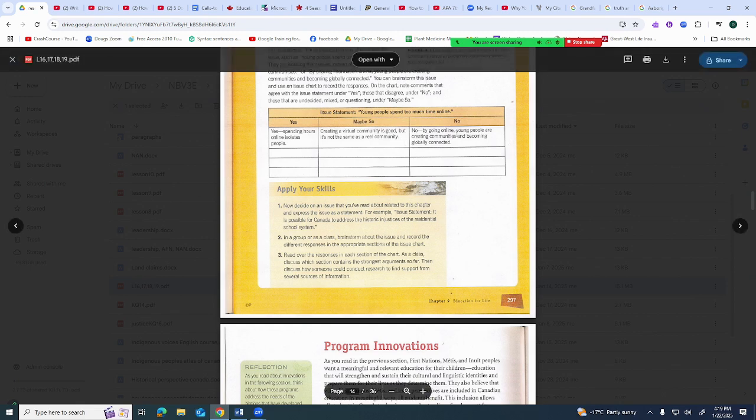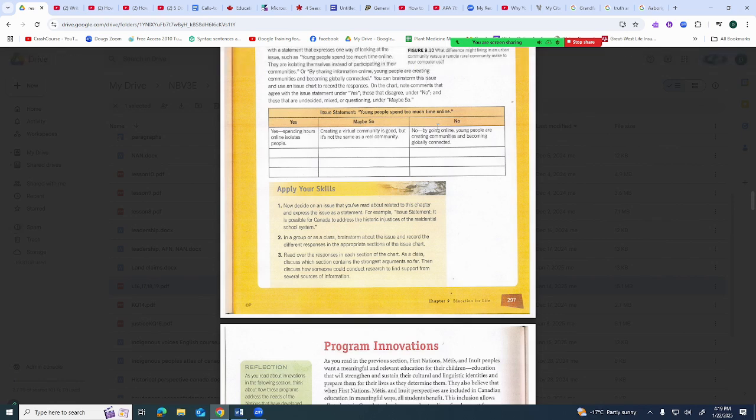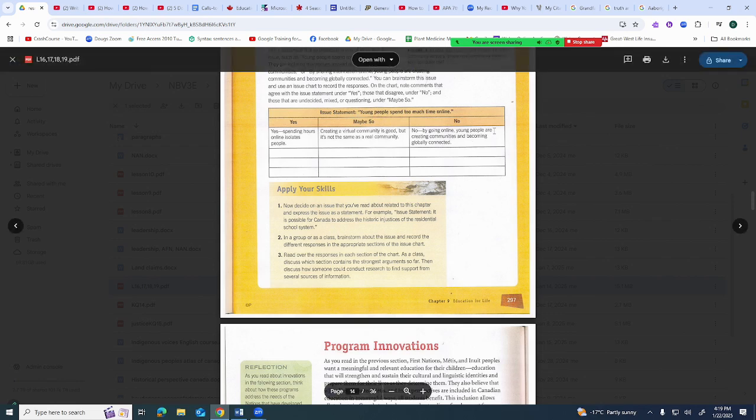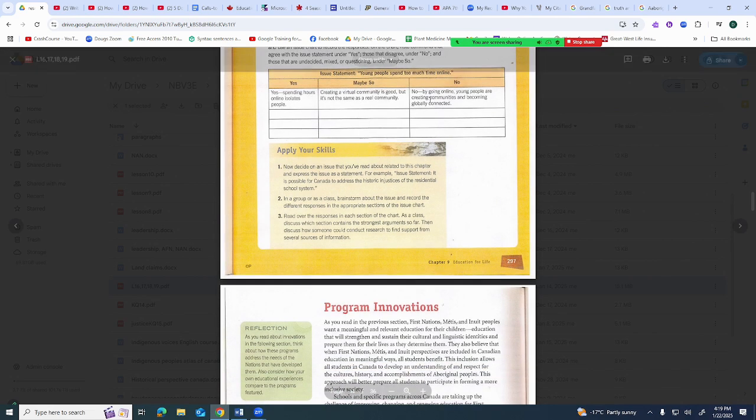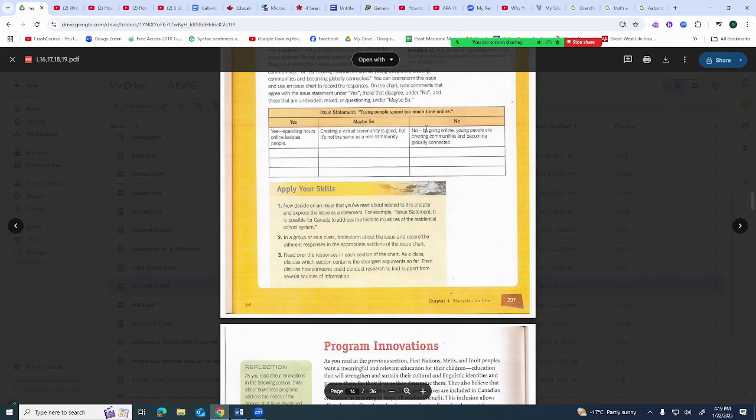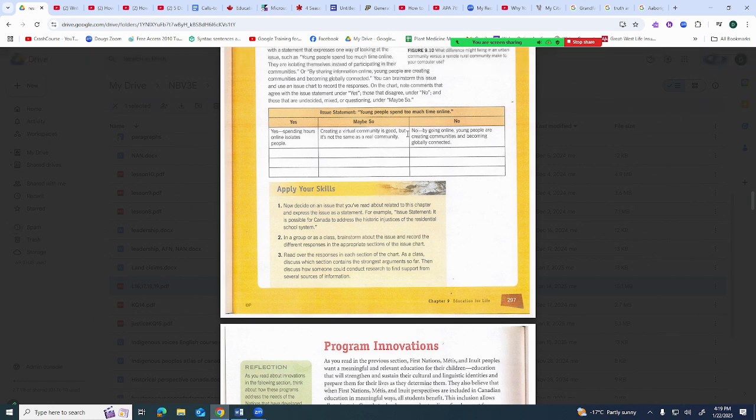Way over on the right here, we have another column that says no. So no, young people don't spend too much time online. And you could simply put here, no, by going online, young people are creating communities and becoming globally connected. So they're actually not spending too much time, they're spending just the right amount of time, right?